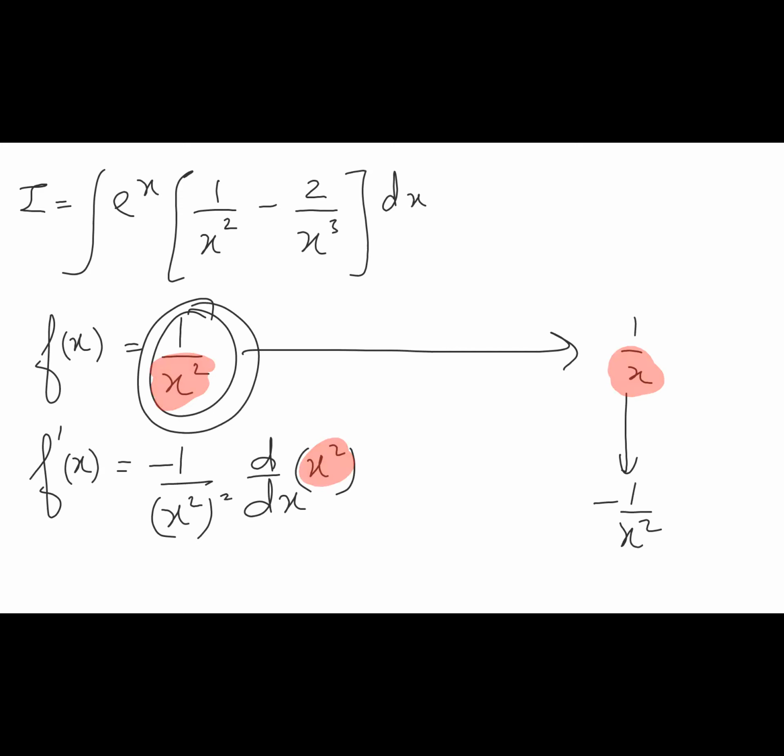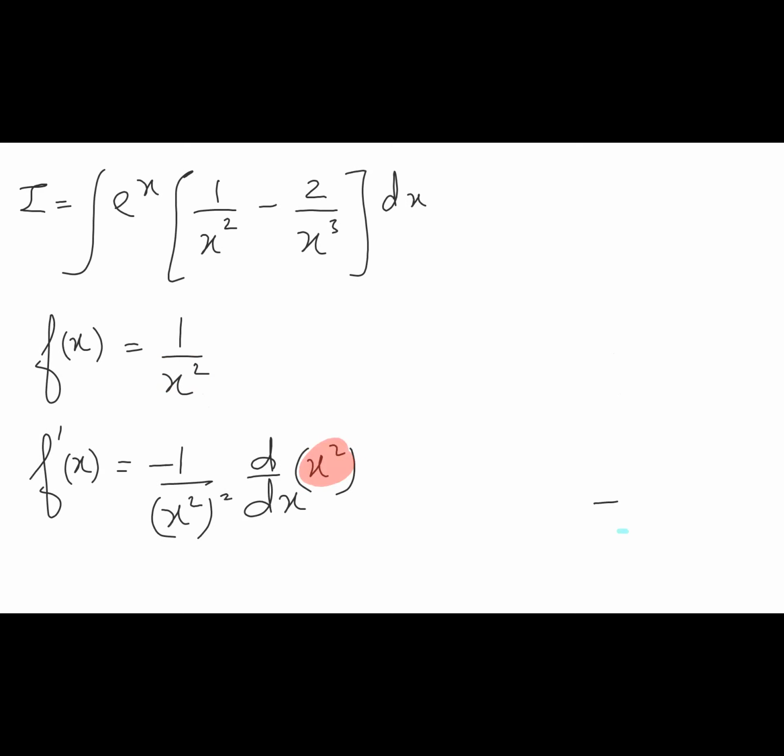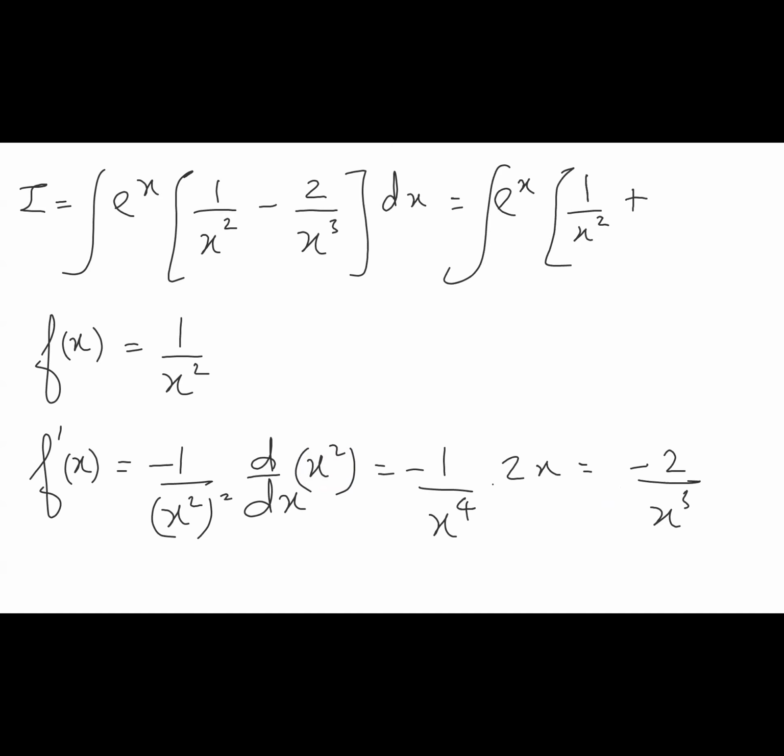Okay, fine. Minus 1 upon x raised to 4 into 2x, which is equal to minus 2 upon x cube, right? So this can be written as e raised to x, 1 upon x square plus minus 2 upon x cube.